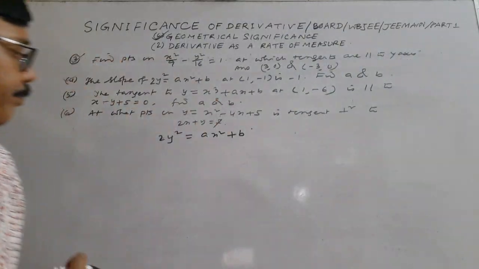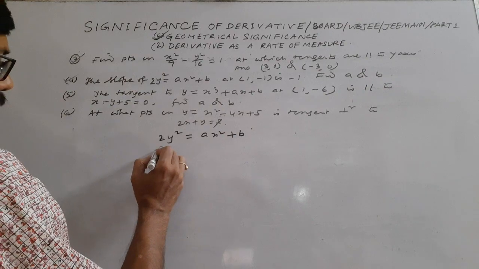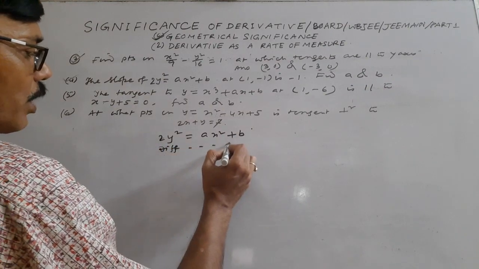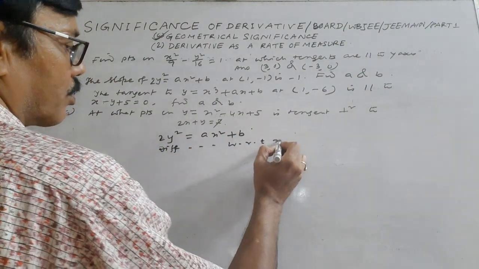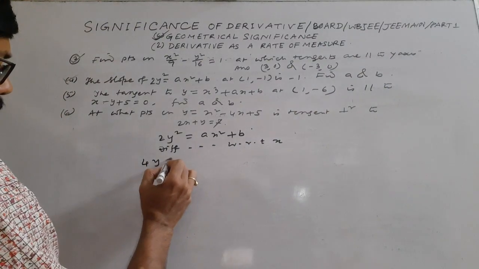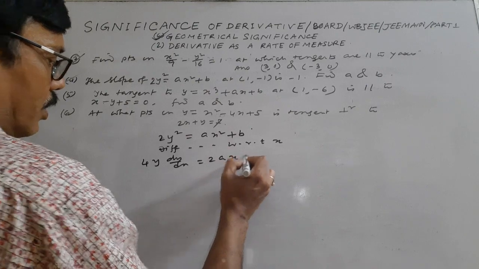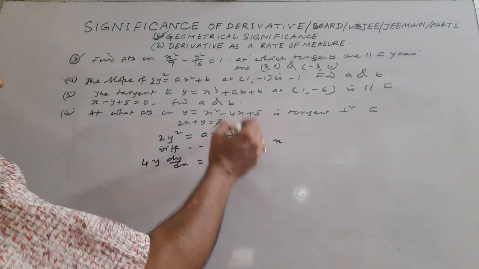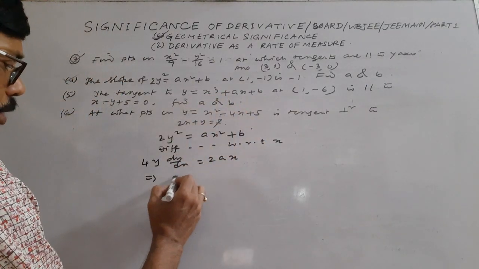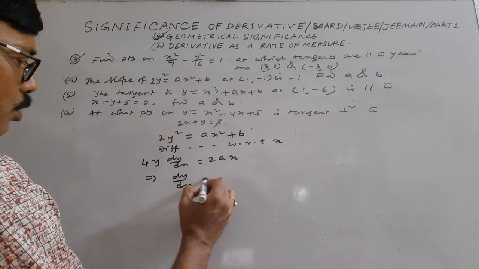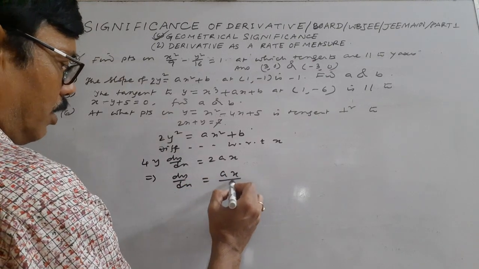Differentiating both sides with respect to x, 4y dy/dx equals 2ax. Derivative of b is 0. So dy/dx, 2 cancels, equals ax by y.